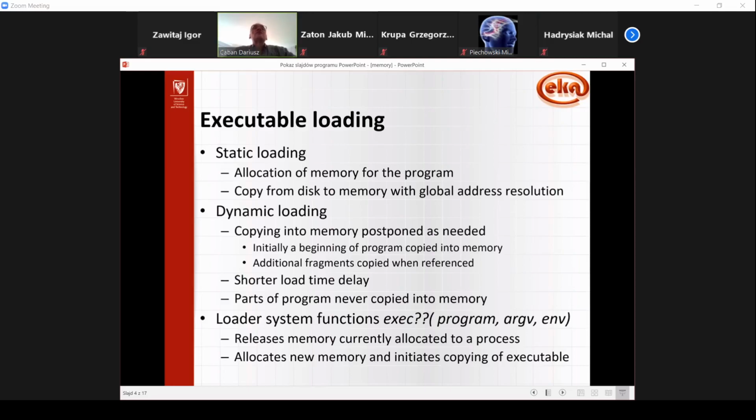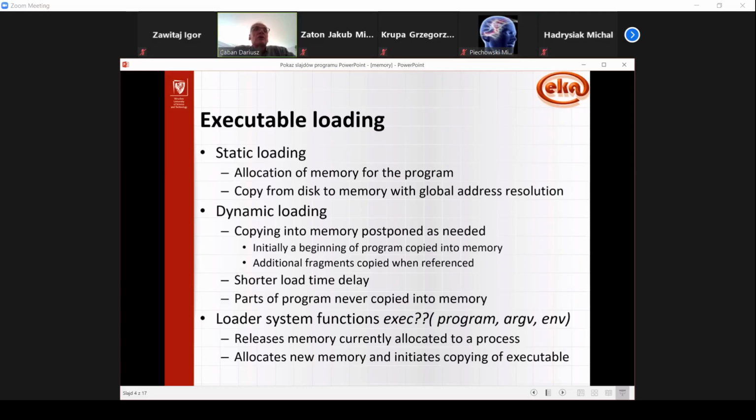Of course, if you finish it, then the next time you try to load it, there will be nothing to load, but in the meantime, you don't need it. In the case of dynamic loading, the executable file will be needed all the time, because you never know if everything has already been copied into memory or not.